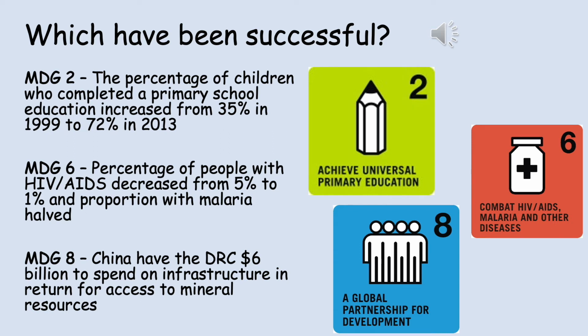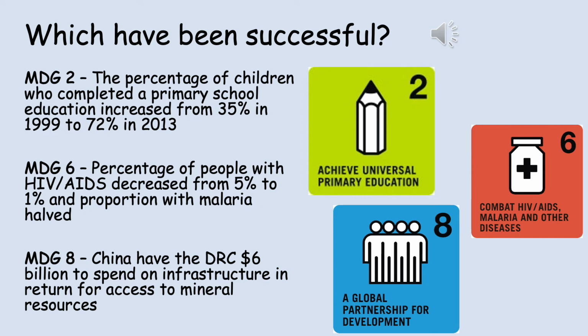MDG 6 has also been relatively successful. The aim was to combat HIV, AIDS, malaria and other diseases. And as you can see, the percentage of people with HIV/AIDS decreased from 5% to 1%, and the proportion of people with malaria halved over this period.